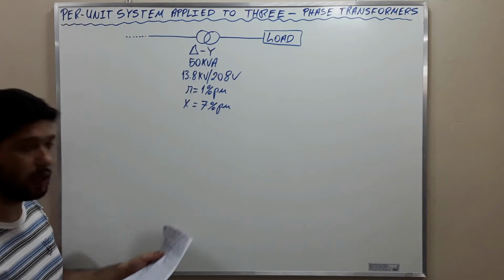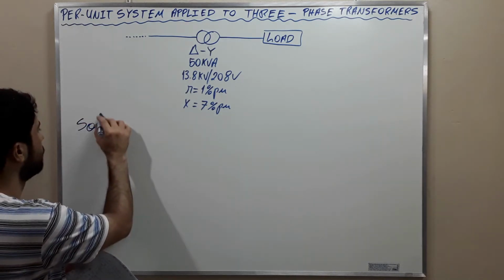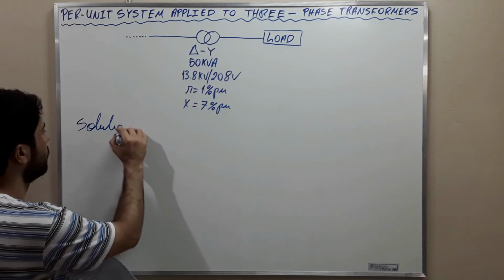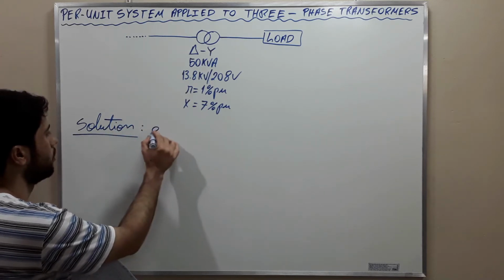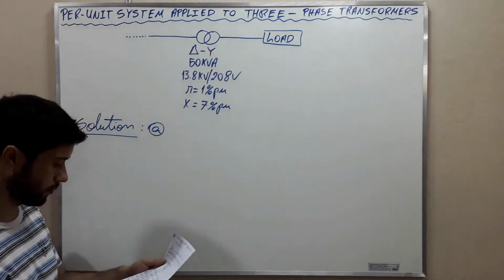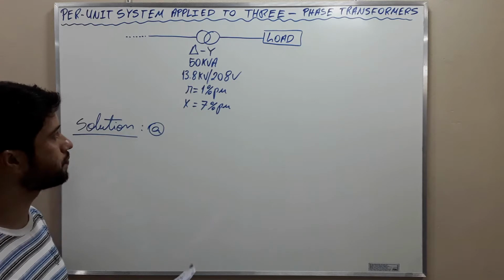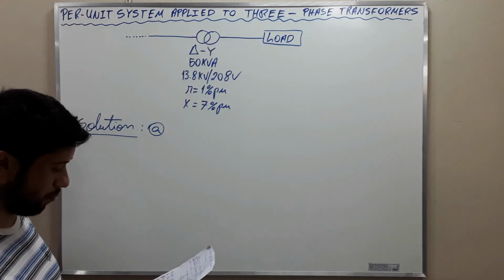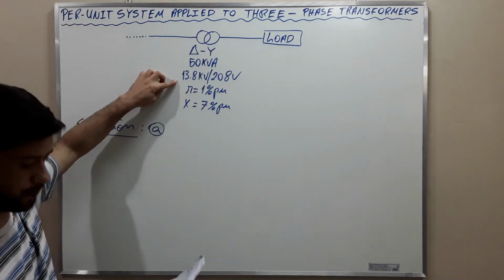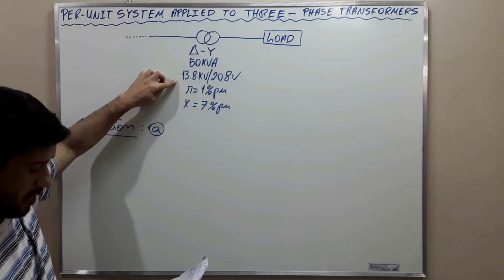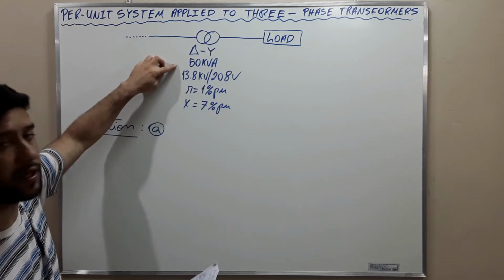First of all, letter A, the solution. The high voltage side of this transformer has a baseline voltage of 13.8 kV and a base apparent power of 50 kVA.